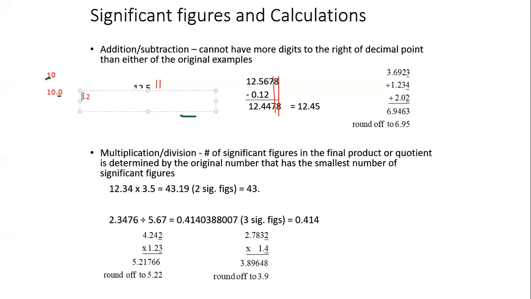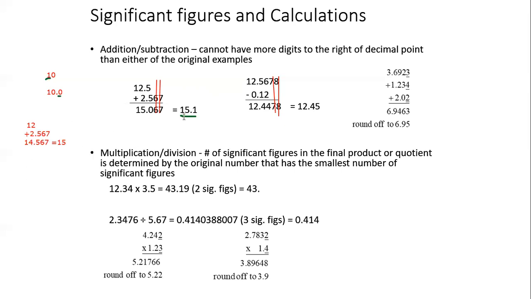So I wrote it over here, 12 plus 2.567. We get 14.567. But notice here that 12 only has significant decimal places to the ones place. So our answer would have to be rounded to the ones place. So it would be 15.